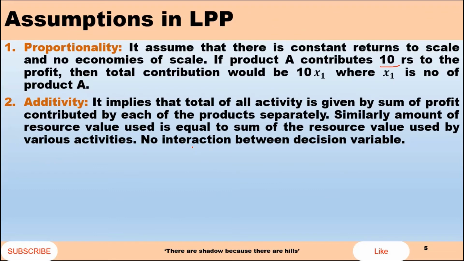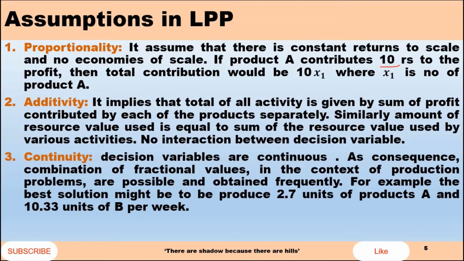The decision variables are not dependent on each other. For example, if the products are two chemicals derived from or dependent on each other, like milk and buttermilk, those are dependent on each other. Here we assume there is no interaction between these two decision variables.